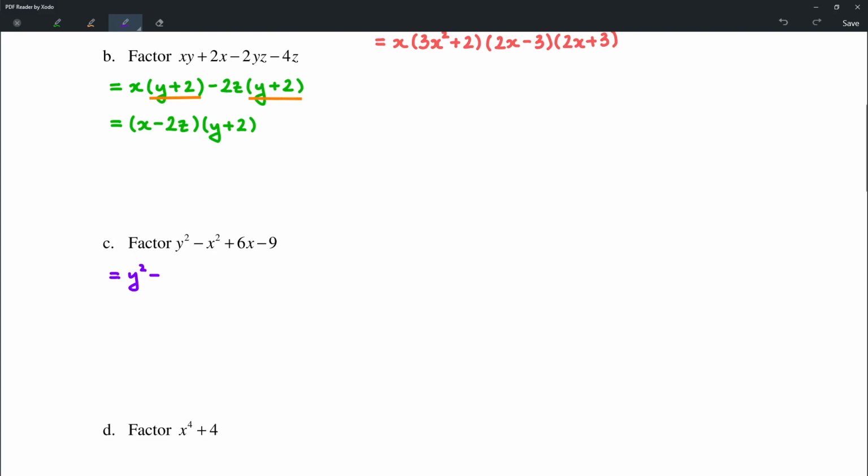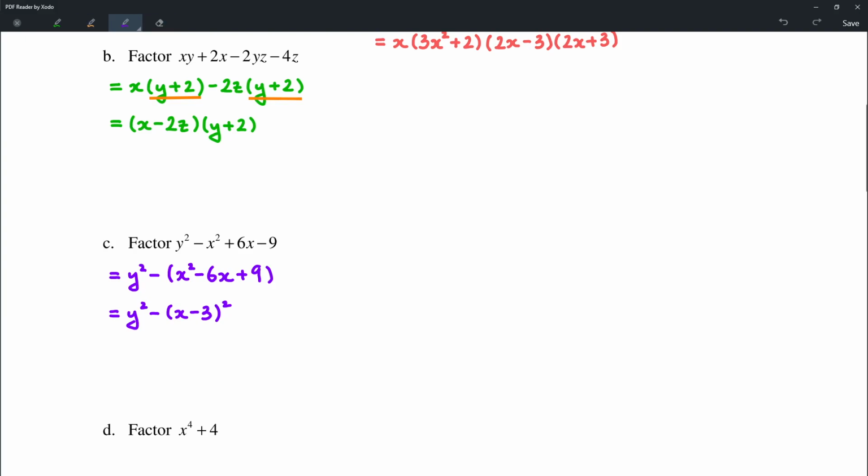So we're going to rewrite this as y squared minus, and then in parentheses x squared minus 6x plus 9. And the idea here is that x squared minus 6x plus 9 is a perfect square trinomial. So it can be factored, and we get x minus 3 squared as a result.